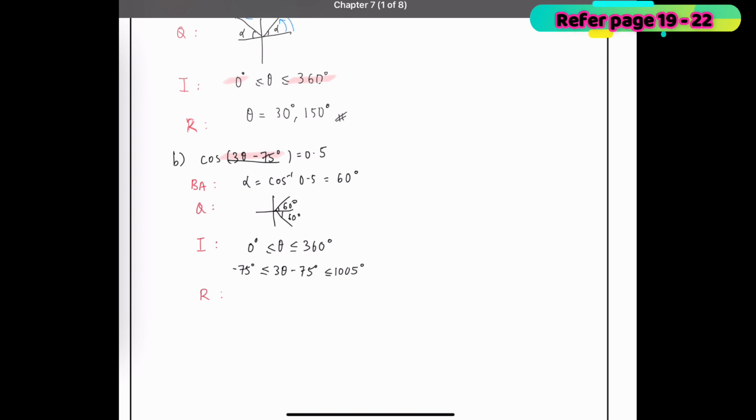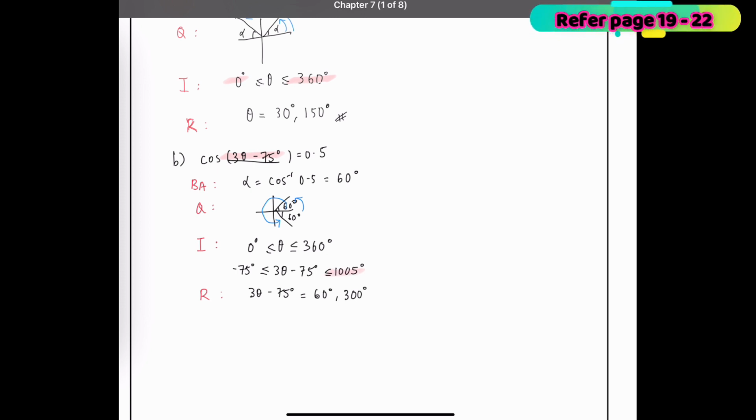And for the rotation, 3 theta minus 75 degrees equals, the first one is 60. Next, we rotate to the fourth quadrant and we get 300.